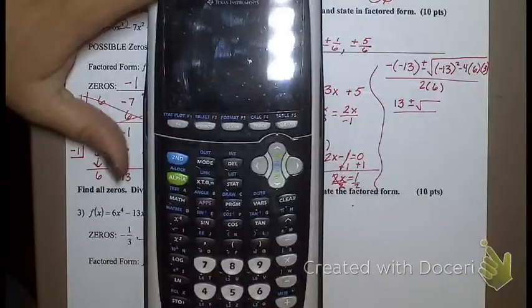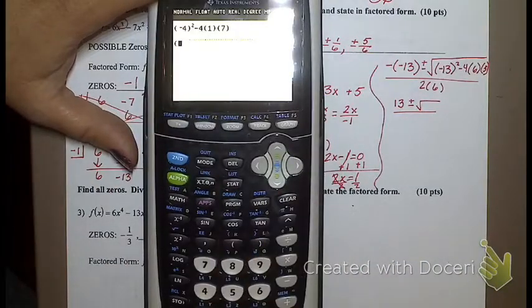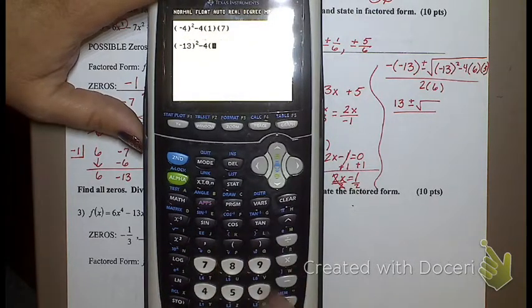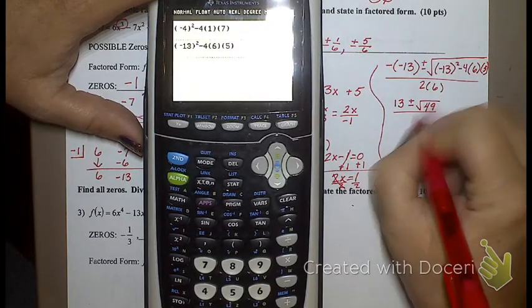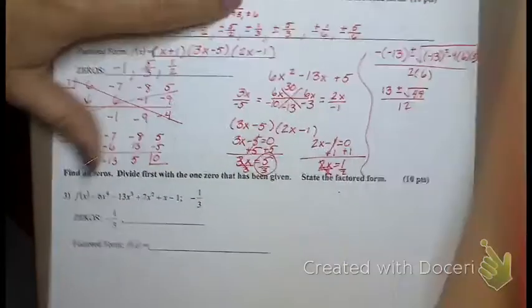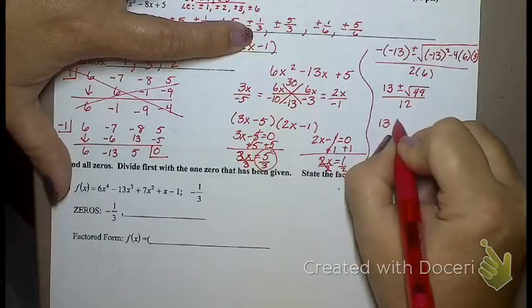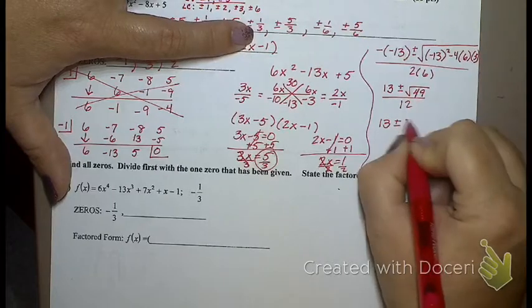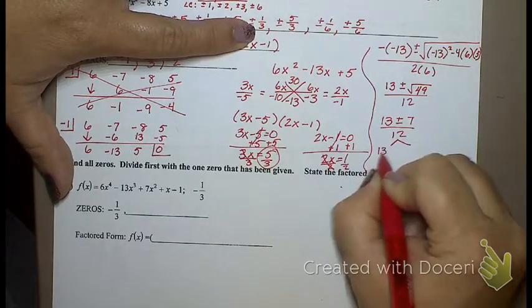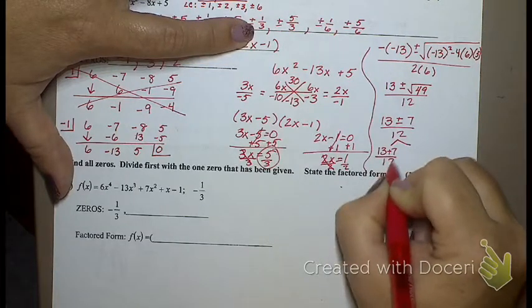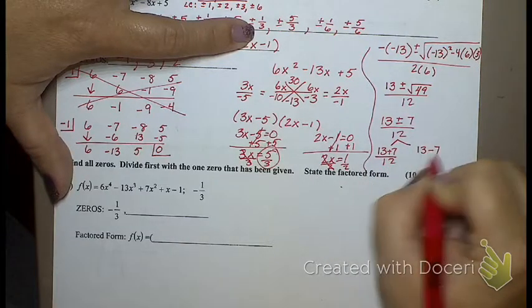Let me just verify. -13 squared minus 4 times 6 times 5, 49. 2 times 6 is 12. So what that gives me is 13 plus or minus 7 over 12, and I'll get my two answers by doing 13 plus 7 over 12 and 13 minus 7 over 12.